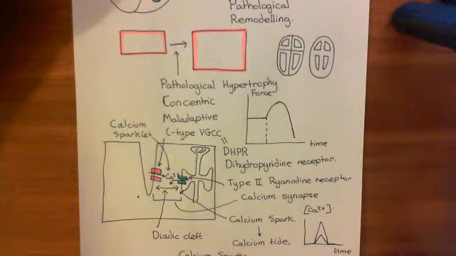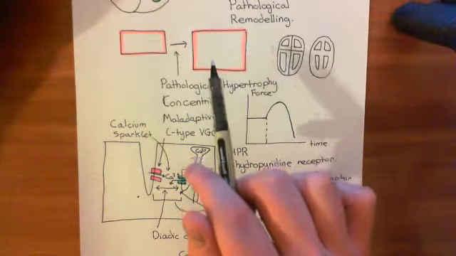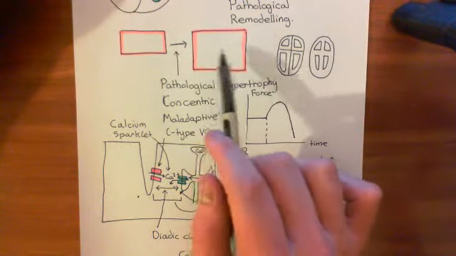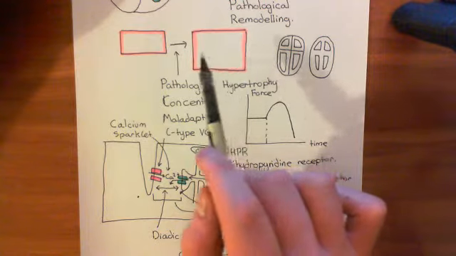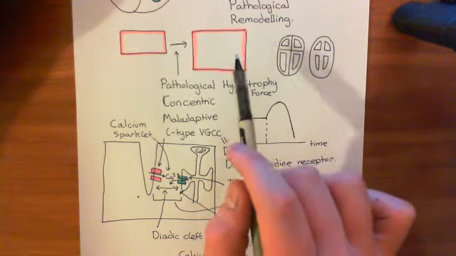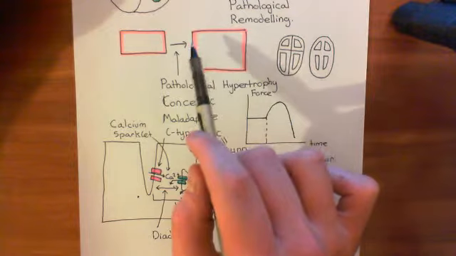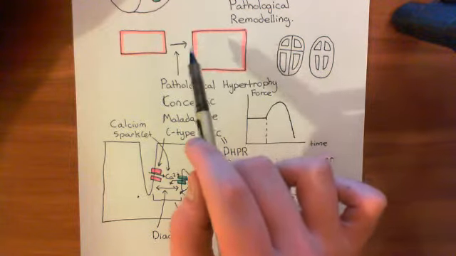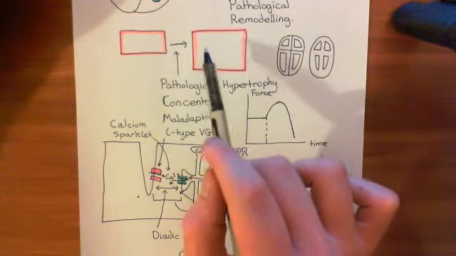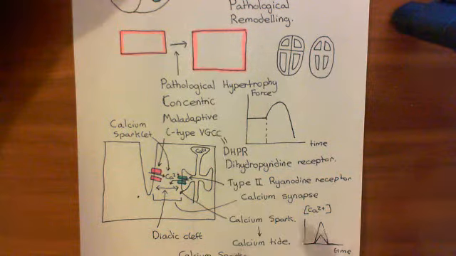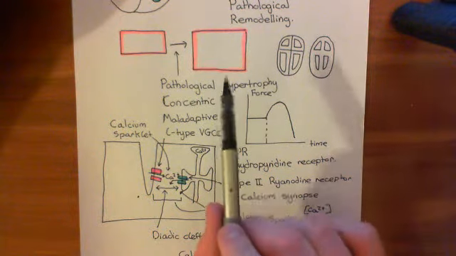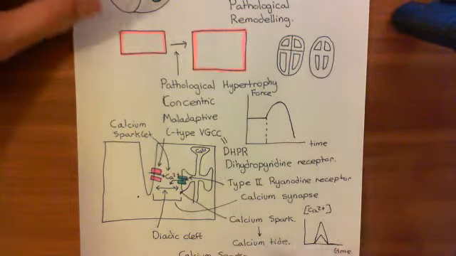Well, what we know is that when this hypertrophied cardiomyocyte undergoes an action potential, when it's stimulated to contract, the calcium signal that you see within the cytoplasm of the cell, the rise in calcium within the cytoplasm, known as the calcium tide, is lower in these hypertrophied cardiomyocytes.